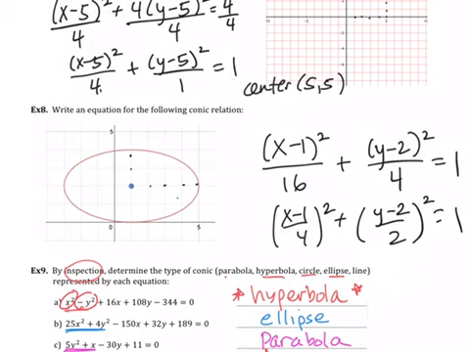If you have an x squared and a y squared, like number 2, but it's a positive in between and they have different values, that means it's an ellipse and not a circle. For letter C, you can see it has a y squared but only an x, which means it has to be a parabola. So pause and try the rest on your own and see how you do.